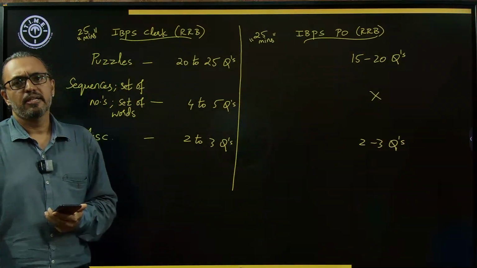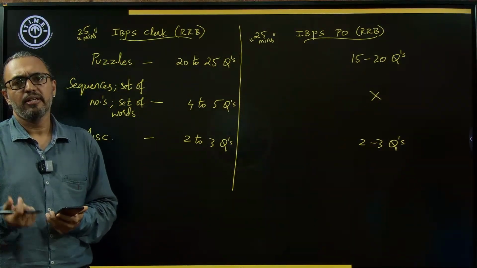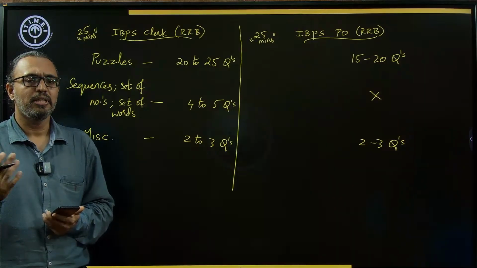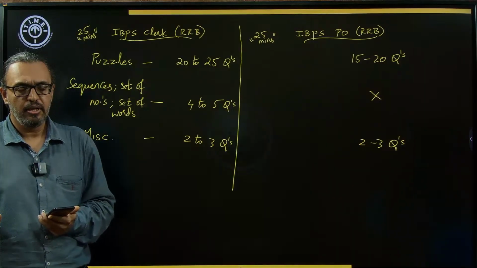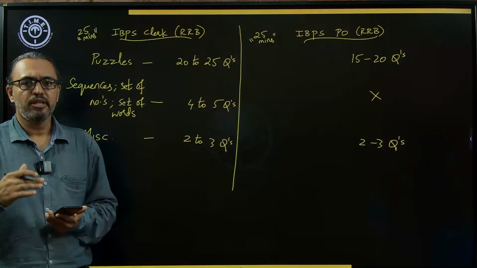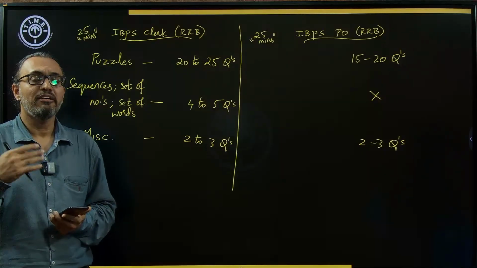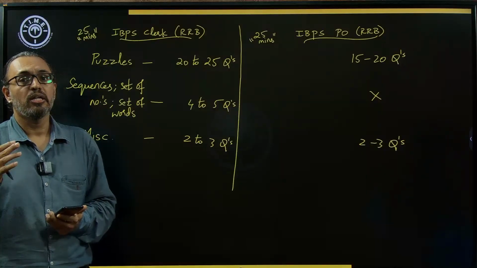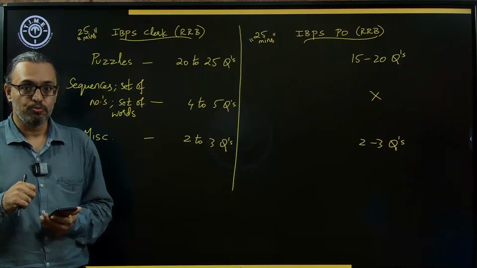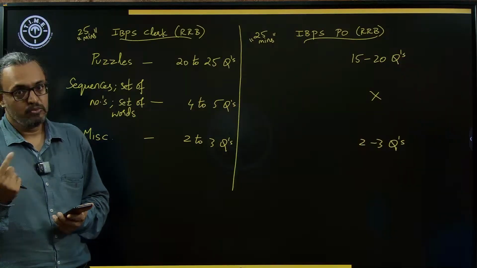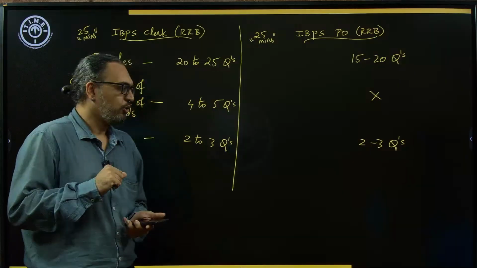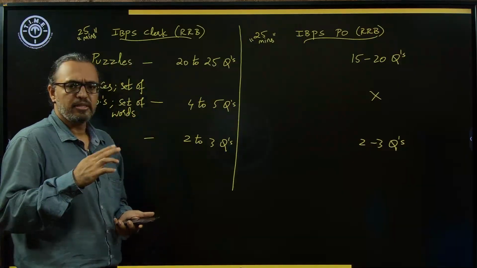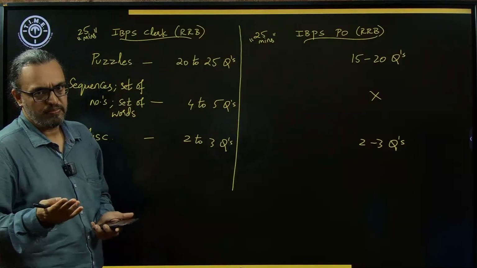Like for instance, how many pairs of letters are there, each of which has as many letters between them as they have between them in English alphabet. Or he will give you some operations in numbers. He will give you a number saying all even digits are added with 1, odd digits are subtracted with 2. Those kind of questions, number operations, are under miscellaneous. Anywhere between 2 to 3 you will get.